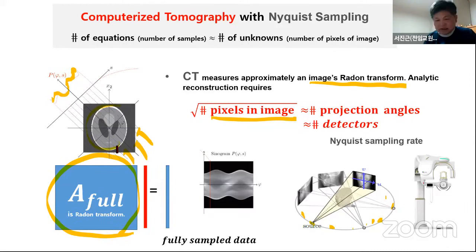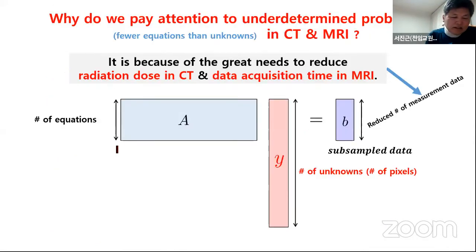That's in CT. Then, why do we pay attention to the undersampled problem in CT and MRI? An undersampled problem has fewer equations than unknowns. It is because of the great need to reduce the radiation dose in CT and the data acquisition time in MRI.